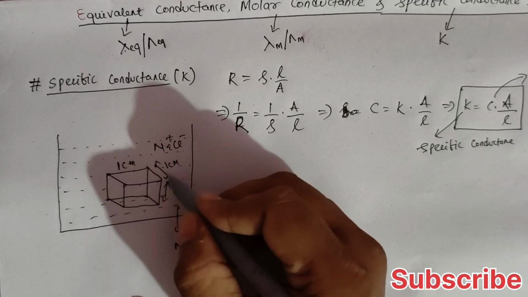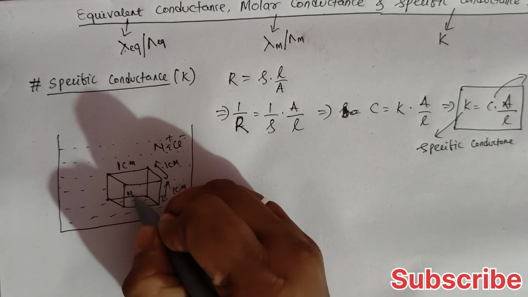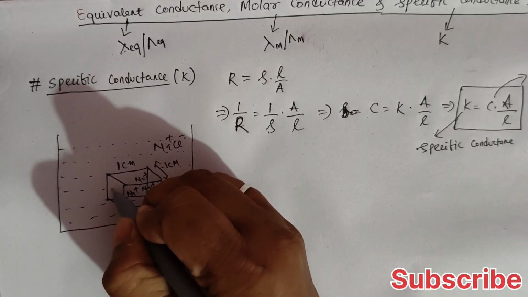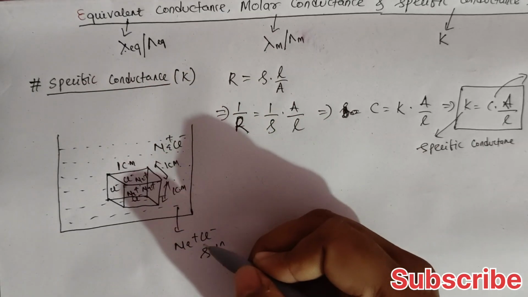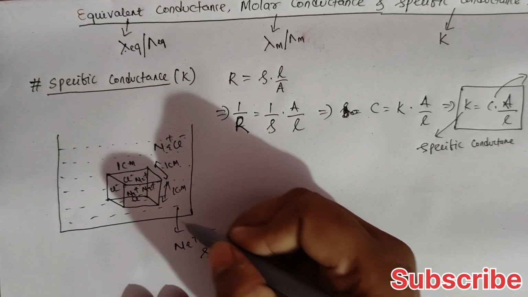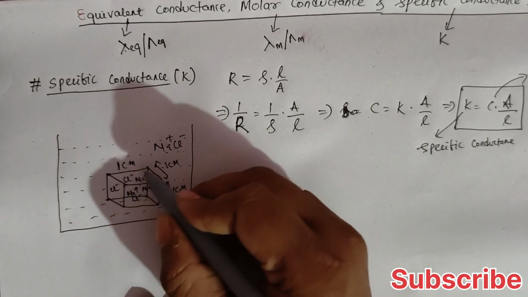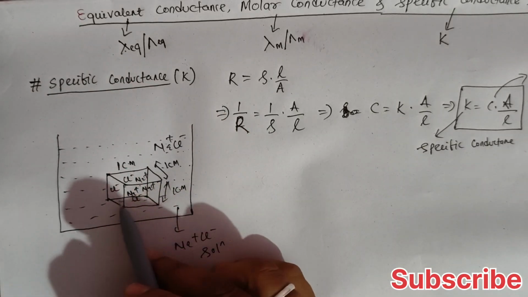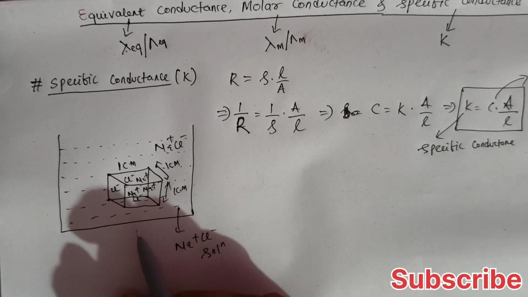In this 1 centimeter cube volume, let there be 3 Na plus ions and 3 Cl minus ions present, just as an example. Clear?